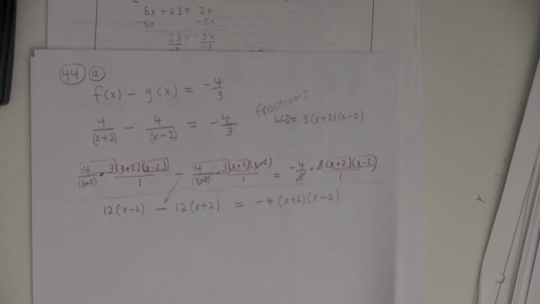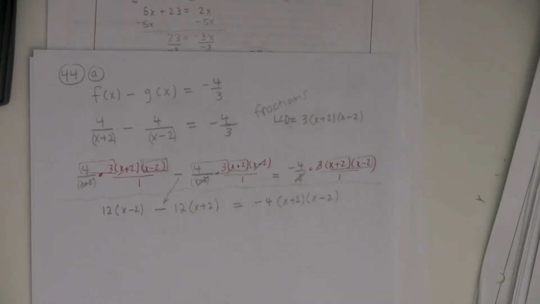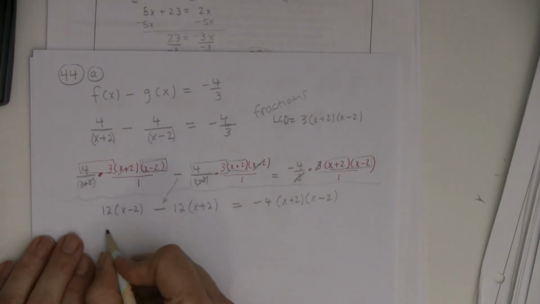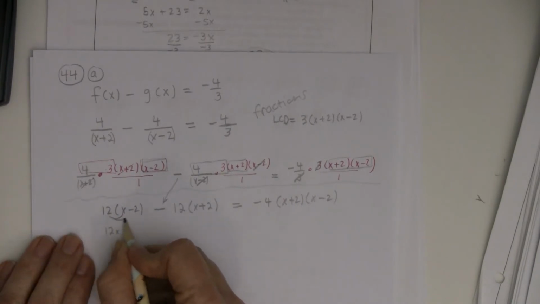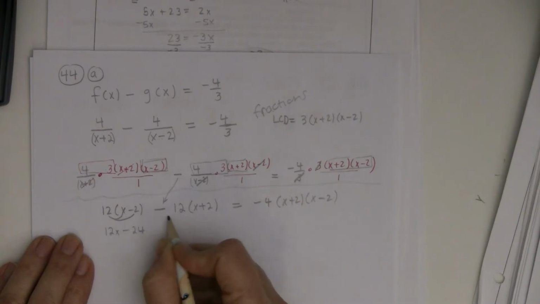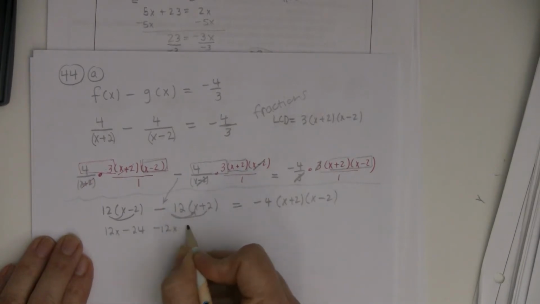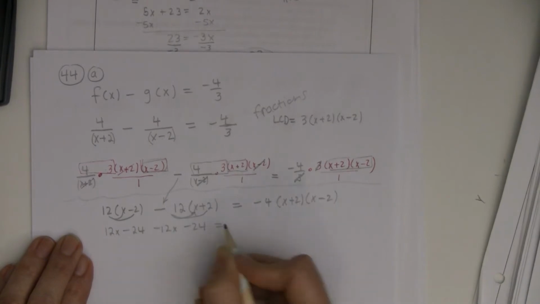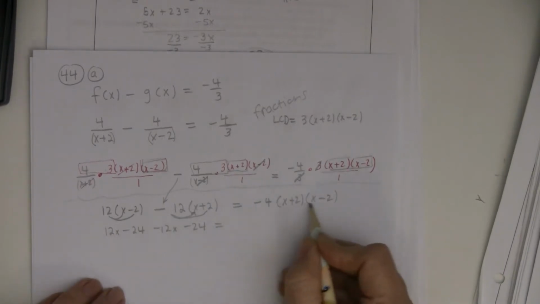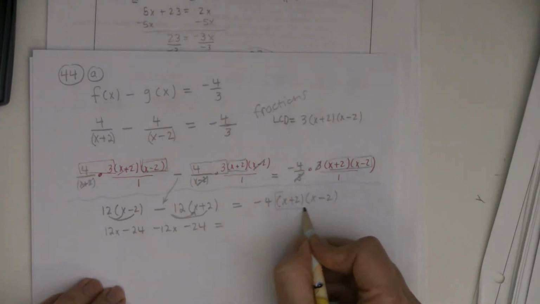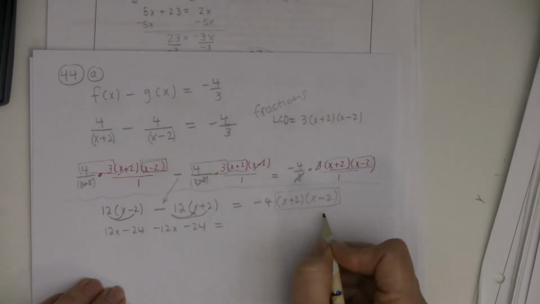So I know it's going to be quadratic. So I'm going to multiply this together so I can get 0 on one side. Even if it was linear, I'd be saying to you, I'm going to multiply this together. So we're going to have here 12x minus 24 minus 12x minus 24 equals, and then I can't multiply 3 things together at one time, so I'm going to choose to multiply these together and then distribute the negative 4.